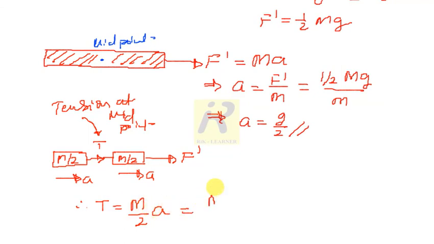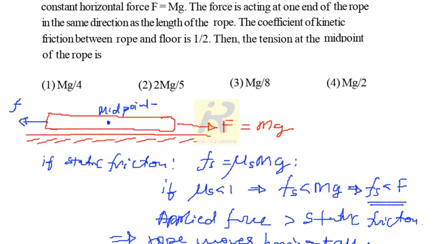So it is m divided by 2 into g divided by 2, which is nothing but mg divided by 4. This will be the tension acting at the midpoint of this rope. Now search for that answer which is correctly given in option 1. So this becomes the answer.